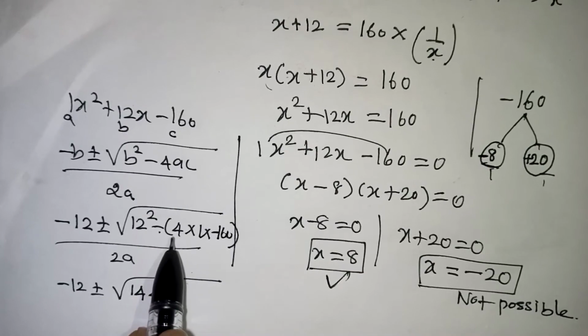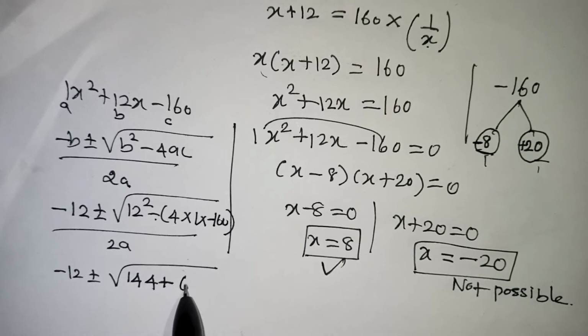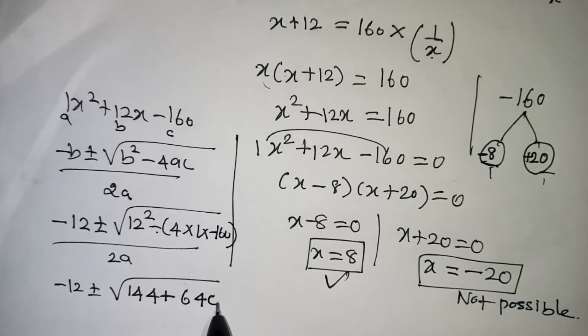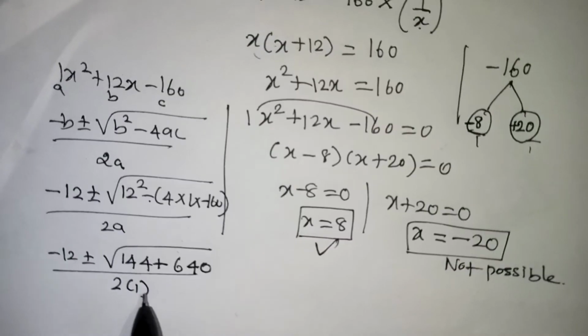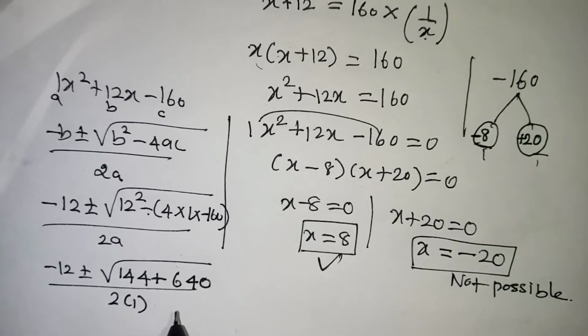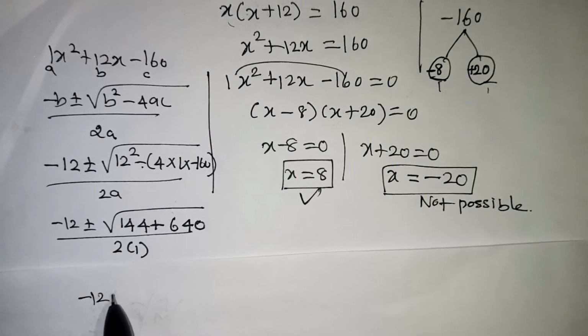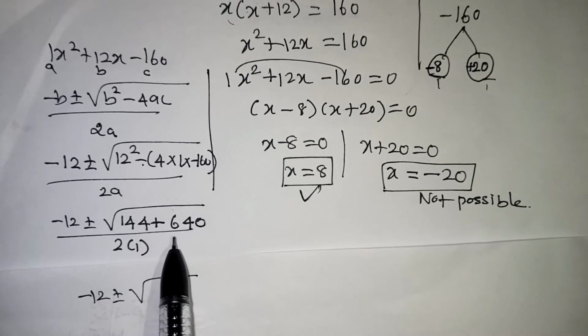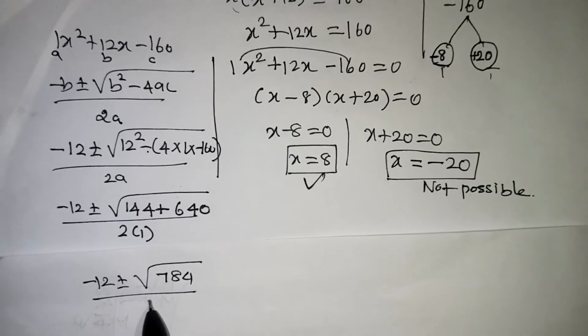So 160 into 4, 16 4s are 64, and the 10 is available, so 640. By 2 into a value, which is 1 in the question. Now this 2 we have to add. So minus 12 plus or minus root of 640 plus 144, which is 784, by 2 into 1.